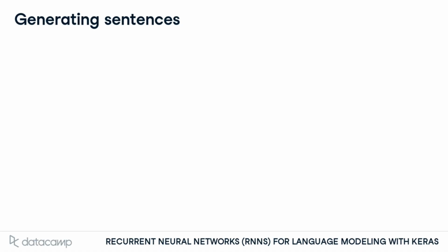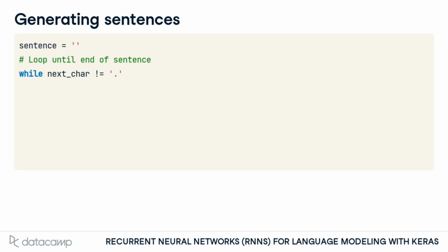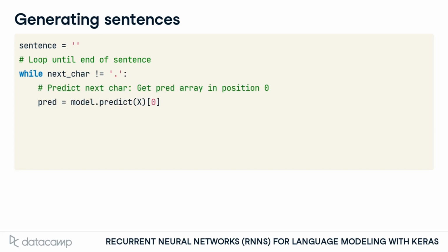To generate a sentence using period to define its end, we first initialize an empty string that will contain the sentence. Then, we loop until the model predicts a period. We get the next prediction of the model using the method .predict. The predict method returns an array with one element containing the predictions.